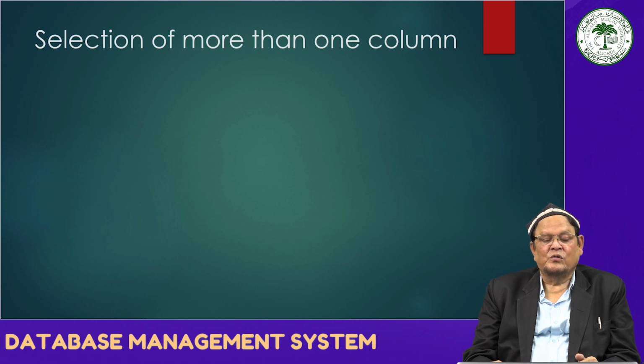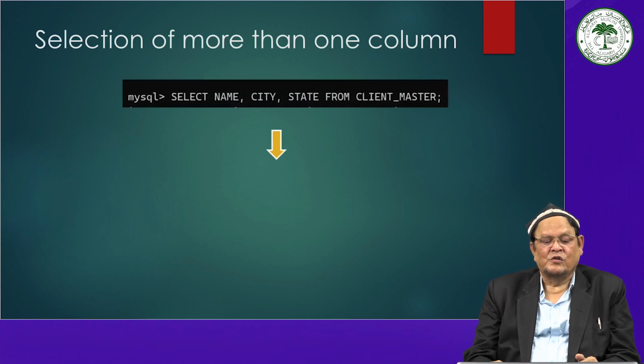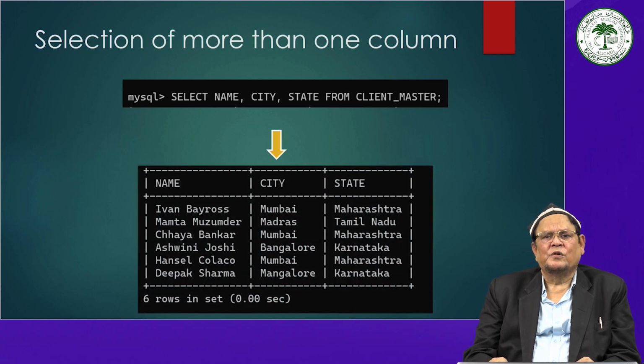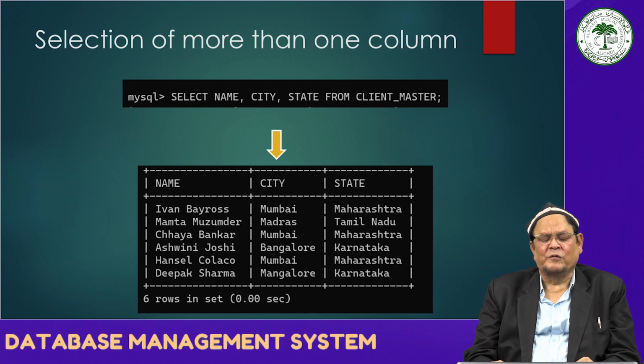If you want to see more than one column, then what will be the command? You have to write in MySQL: select name, comma, city, comma, state from client master. When you press return, it will show like that. Name, city and state, 3 columns will show.